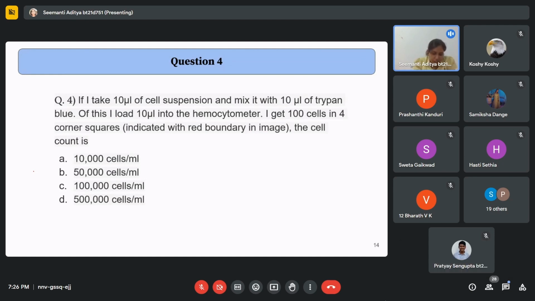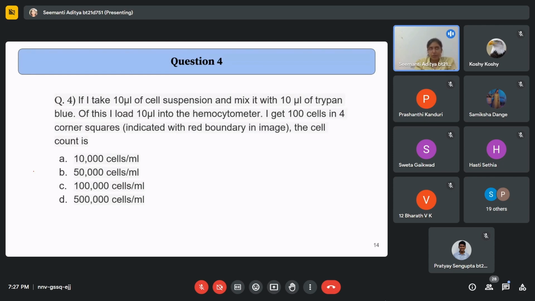So Revant, we can find viable cell concentration as well as the total cell concentration, both from a hemocytometer. If we are staining the cells with trypan blue, the cells which take up blue color are dead cells. The cells which do not take up the dye are live cells. So you can count the number of live cells by counting the cells which have not taken up the dye, and also count the dead cells by counting the blue cells.